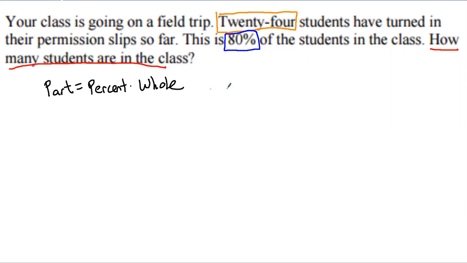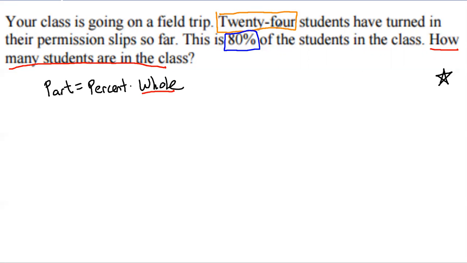All right, this problem here, I'm going to put a little star on this one because this problem here is definitely the kind that usually will trip some students up. Any problem where what they're asking for, the unknown, is the whole amount, for whatever reason, that usually messes up a lot of students. So our number of students in our class, that's our whole amount.